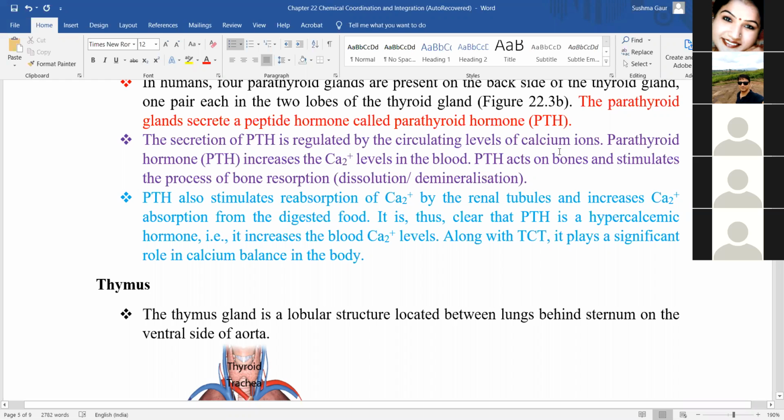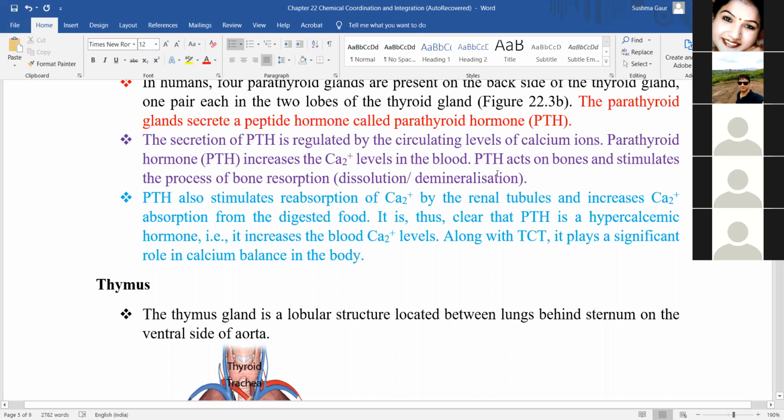Just like your thyroid gland is regulated by the iodine concentration, similarly the secretion of this parathyroid gland is affected by the calcium ion levels in our body. So parathyroid hormone increases the calcium levels in the body.